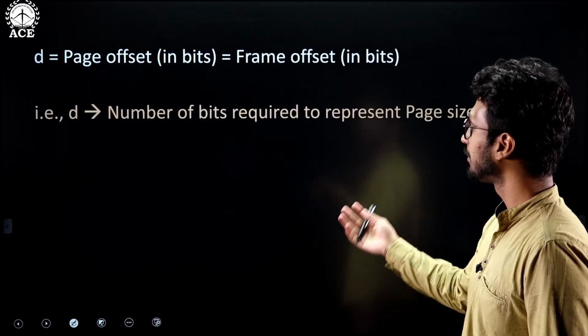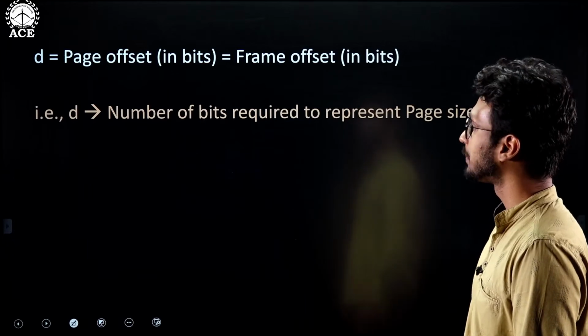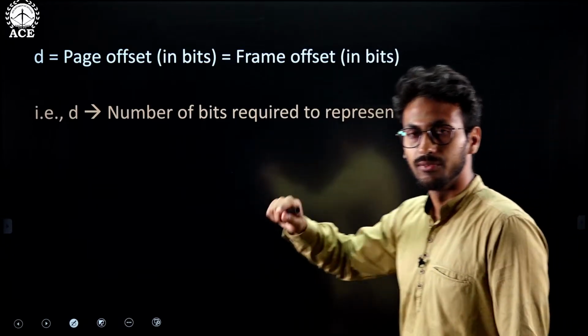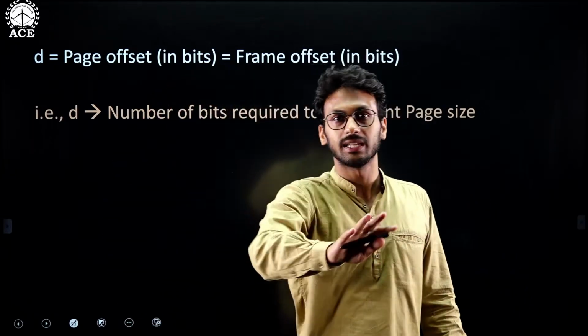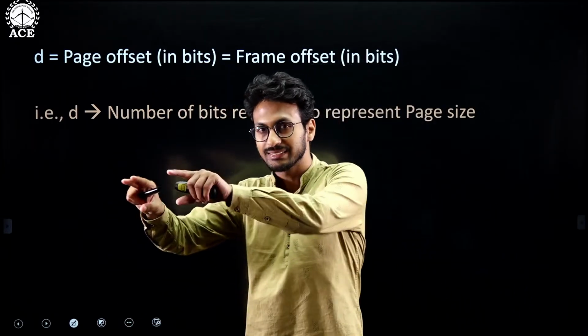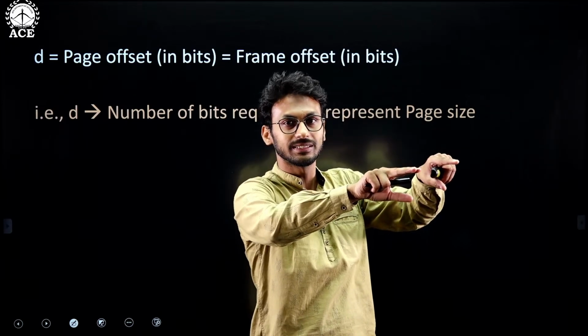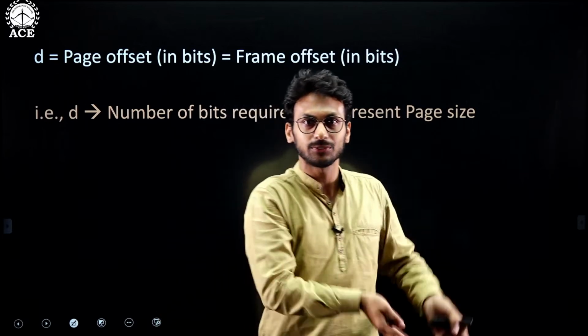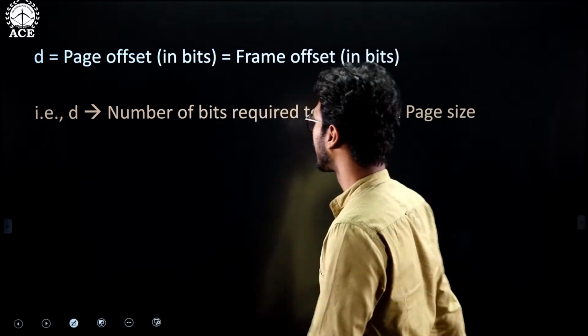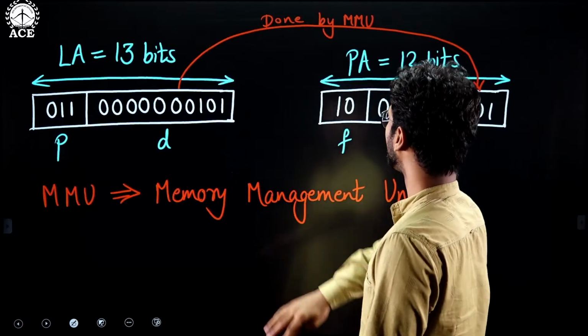That is same. Frame size, page size, all this same. Because pages are brought from logical address space to physical address space. Copy pasting is being done. So exactly same. So page size will be same as frame size, isn't it? Got it? Done.